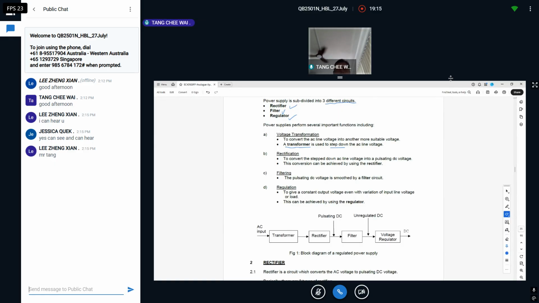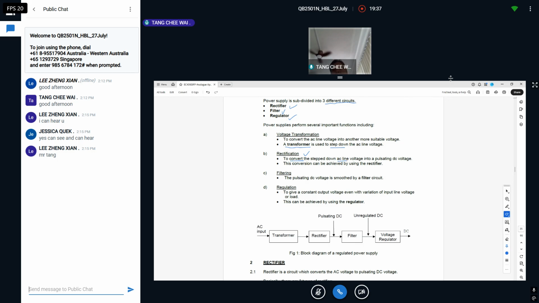After stepping down to 230, you plug your appliances into the power point. The first thing is rectification. Just as I mentioned, you need to convert your AC to DC.